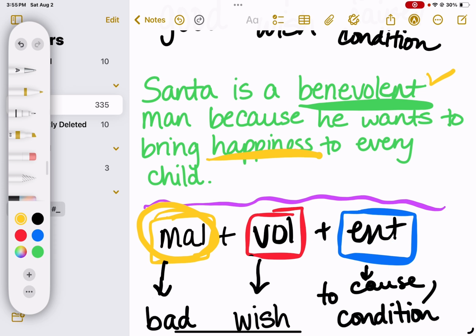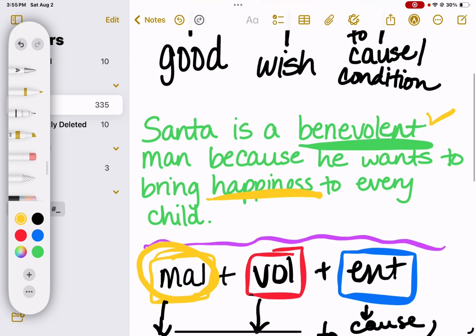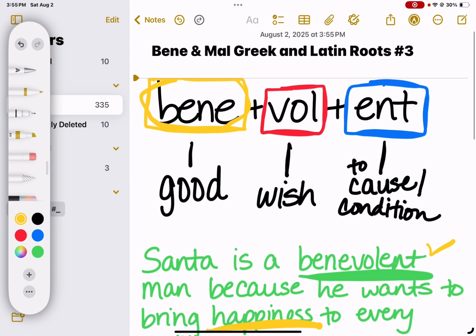And the students that don't get it, I'll continue doing practice at my intervention table with bene and mal to reinforce and help them understand what those word roots mean. So that's how I teach Greek and Latin roots.